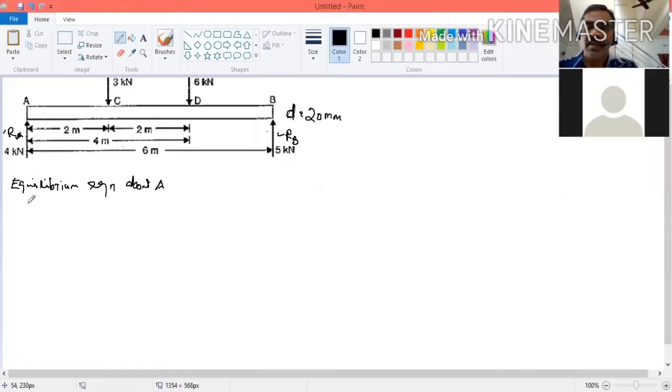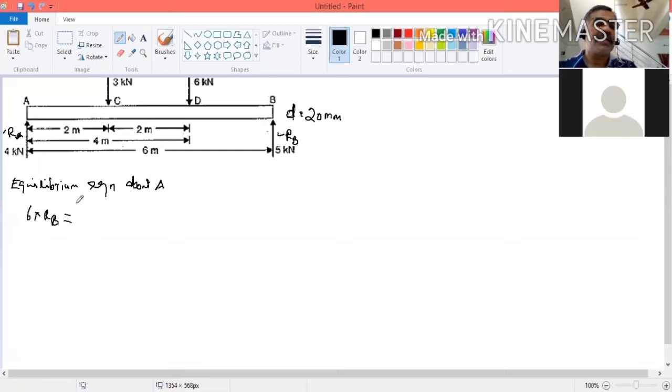Now, if you take moment about A, I'm taking RB into 6. RB is a force and 6 is a distance, so that gives a counterclockwise moment. I'm taking that on the left side and all clockwise moments on the right side, otherwise you would have to put a minus sign, then equal to 0.